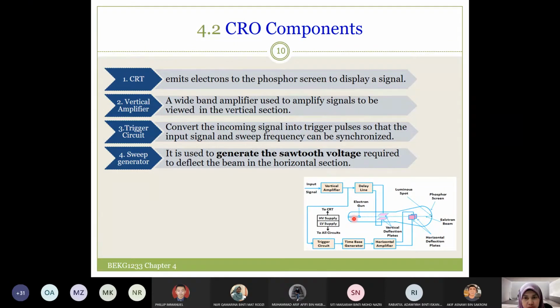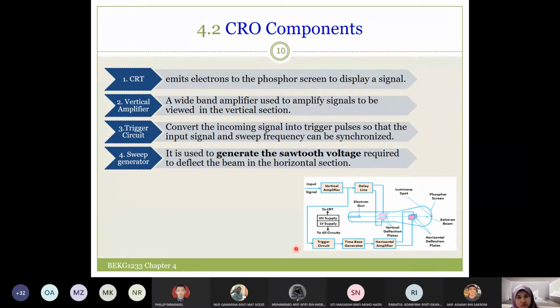So the electrons from the electron gun will move until the end of the phosphor screen. Number 2, vertical amplifier, a wideband amplifier used to amplify signals to be viewed in the vertical section. Amplify means to make it large.